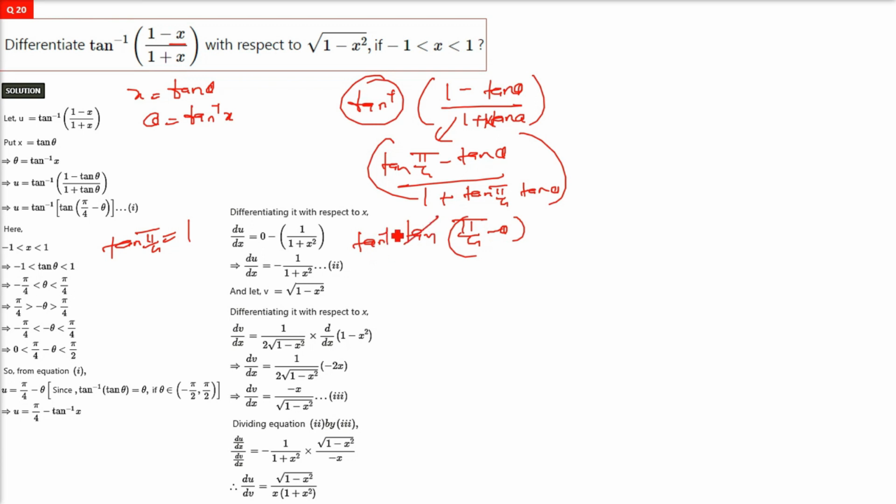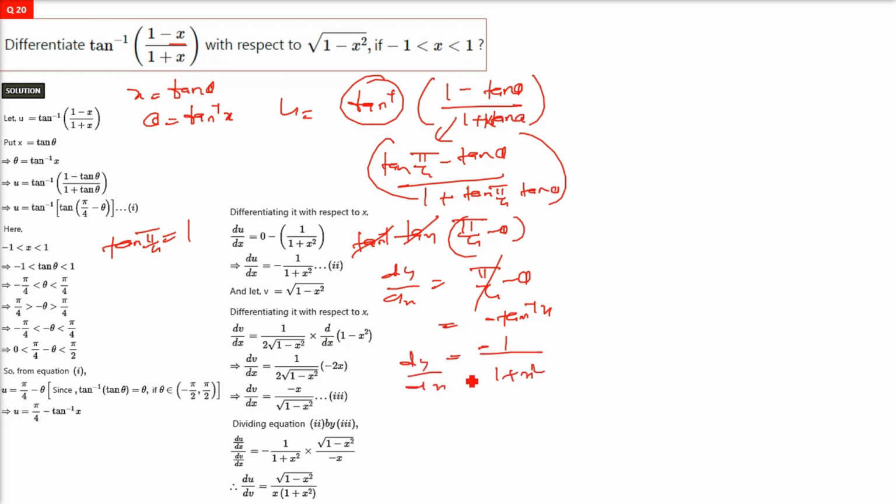You can just cancel these two. So u is this. So du by dx, this pi by 4 is 0, minus theta. So minus theta basically it will come. And theta is tan inverse x, so negative tan inverse x it will come. Derivative of tan inverse x is 1 by 1 plus x square, negative is also there. So du by dx.